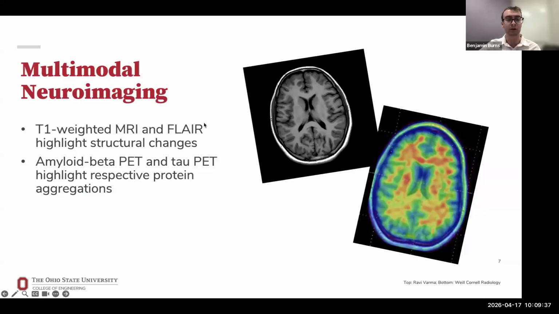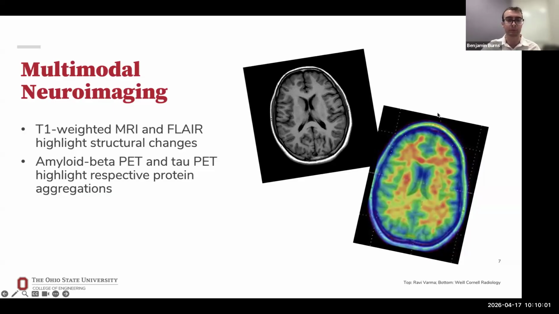Specifically, T1 MRI and FLAIR, a different type of MRI weighting contrast, highlight structural changes in the brain, and we can see that atrophy in the gray matter tissues. That would be this grayscale image in the top left as an example. And we can also use PET with different radio tracers to detect the presence of amyloid beta and tau protein in the brain.